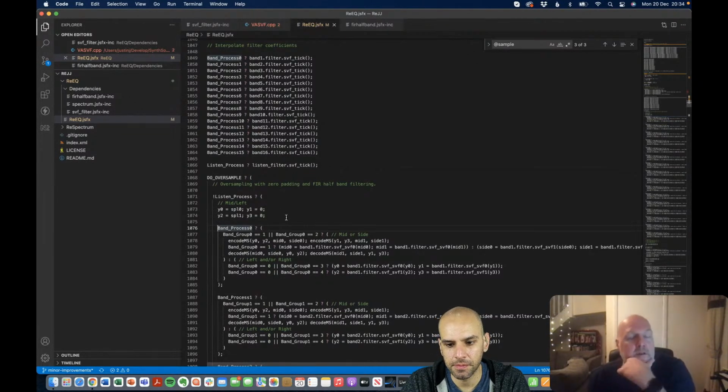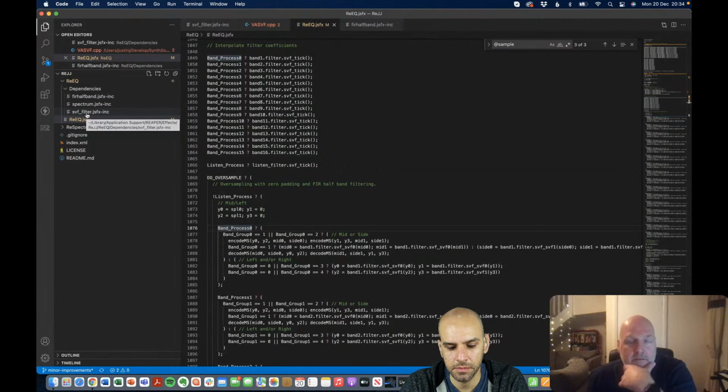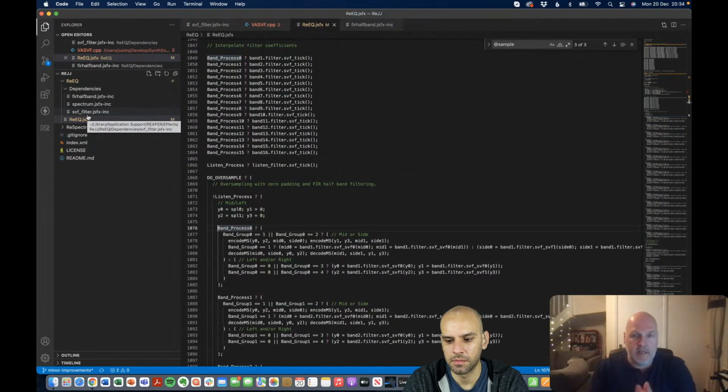But coming back, there's probably one thing that is definitely worth mentioning about the way that the FER and the oversampling works. Our idea is that we're going to extend our frequency range by oversampling.